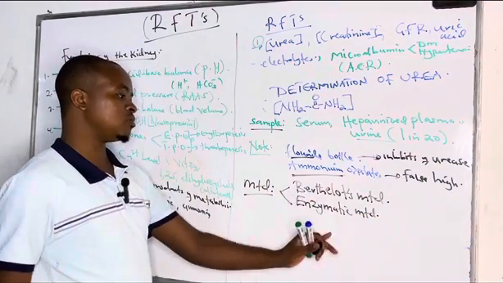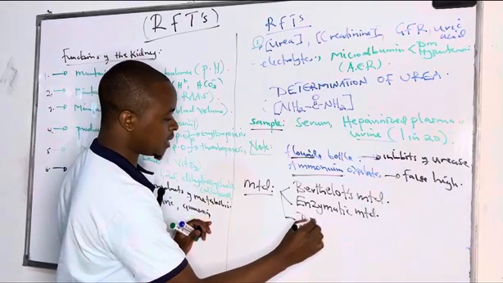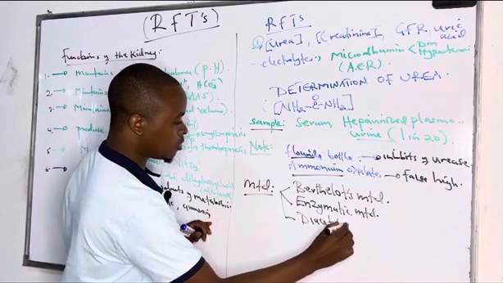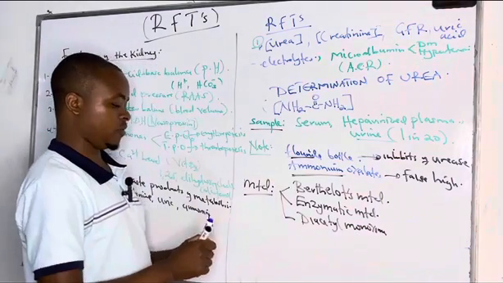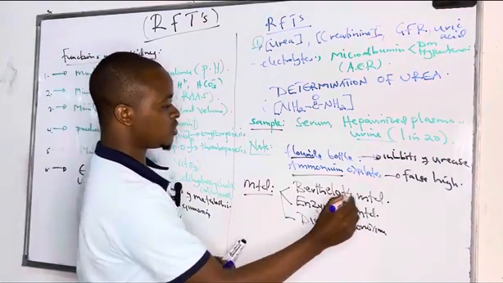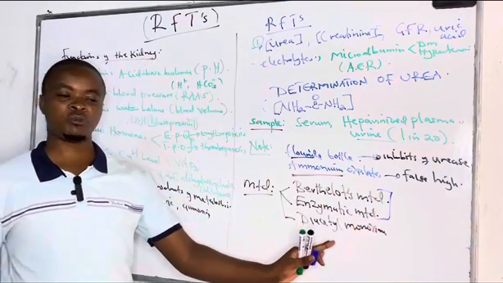These are the two major tests being done, but there is also another one known as diacetyl monoxide. But in this video, we are going to concentrate on these two because these are the major ones being done in the hospitals.